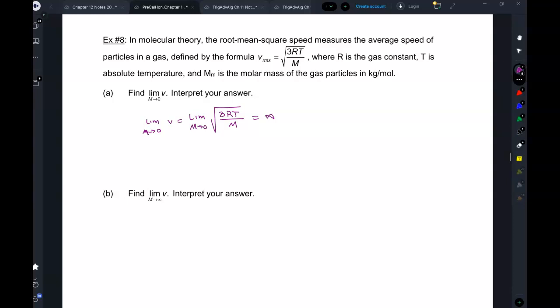The average speed increases. So for part A: as the mass of the particles approaches 0, the speed, or the average speed, becomes infinitely large. One way to say it is it becomes infinitely large. Or you can say the speed increases infinitely.